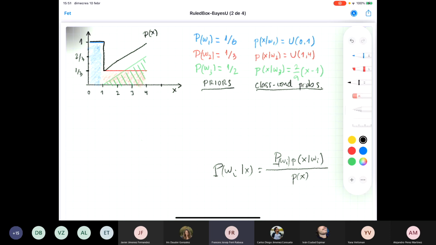This is the formula you have in the slides. Okay? Yes. So the first step is to compute this. So now you have to weight the class conditional probabilities you have here. Let's do it easily.